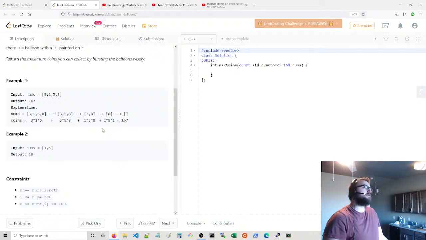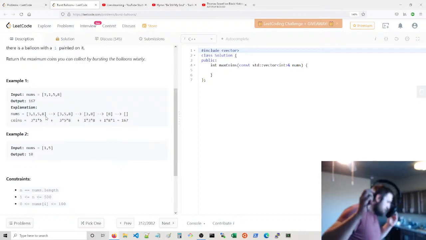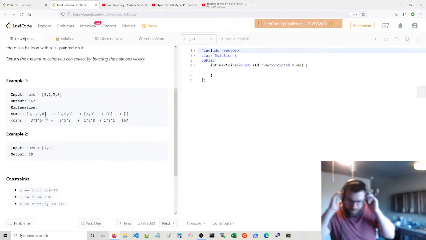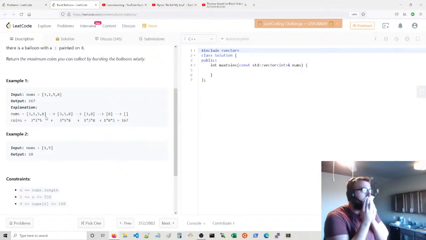So yeah, a simple depth first search, an exhaustive search, would be to loop through left to right, select one of these indices, and calculate the value.